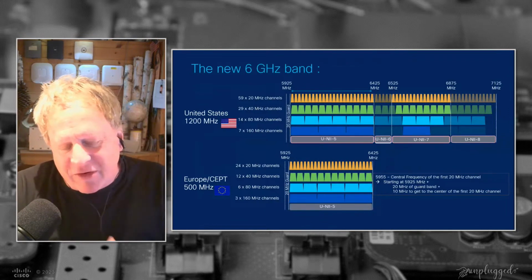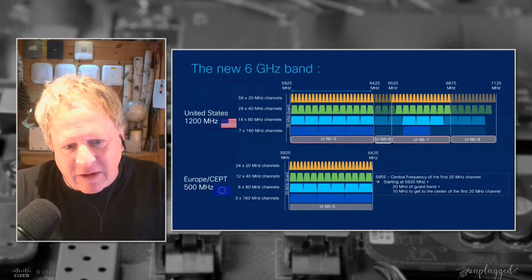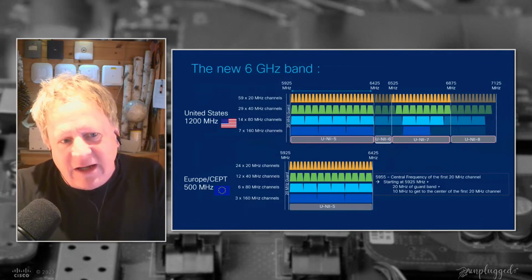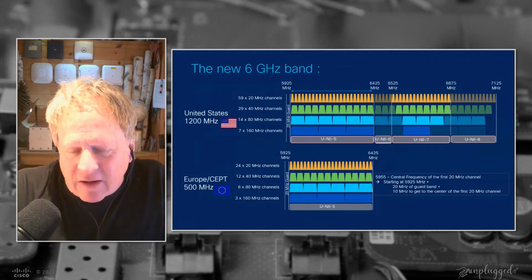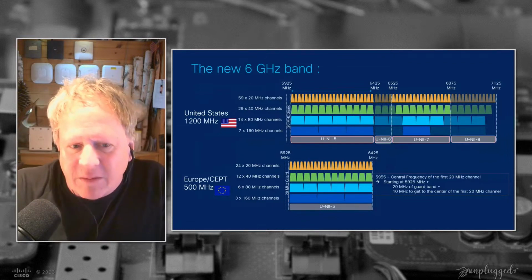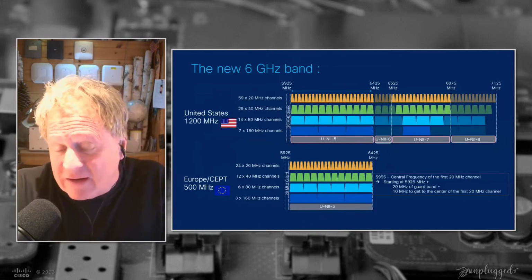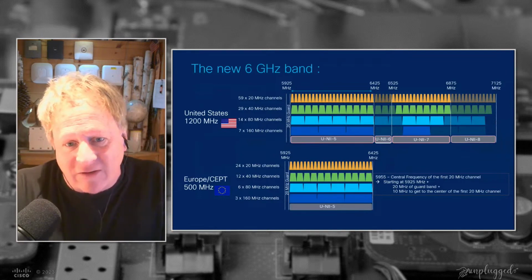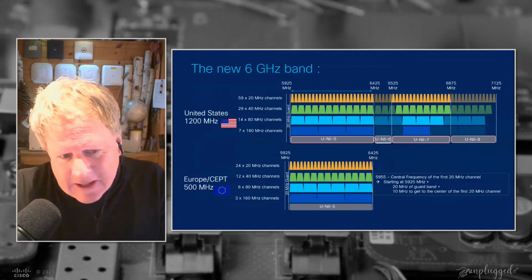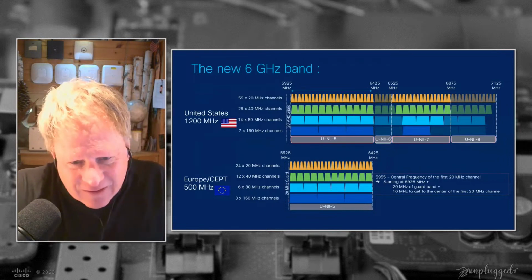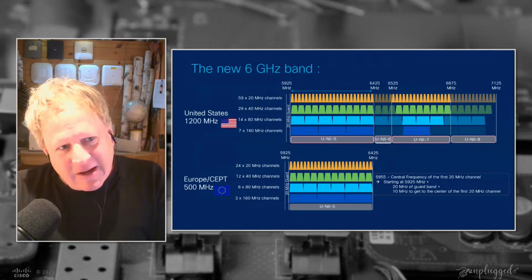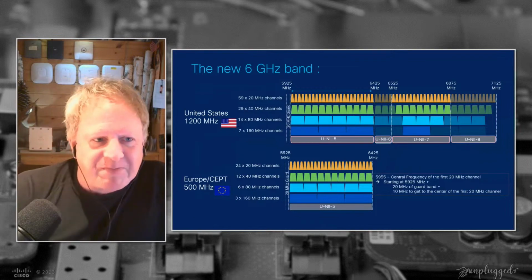And from the perspective of a mobile device, a smartphone or a client, having to go out and discover all those channels is going to take some time. It typically takes about 6 seconds, in fact, for a client to discover all 59 channels. And in Wi-Fi we typically deal in milliseconds, not so much seconds. So certainly some challenges with spectrum.